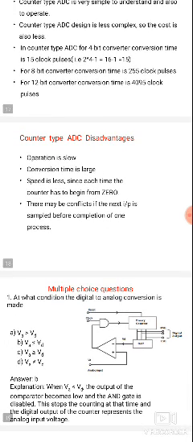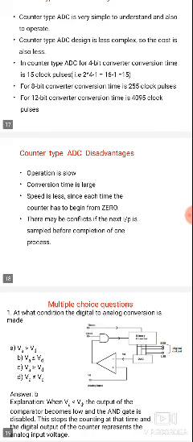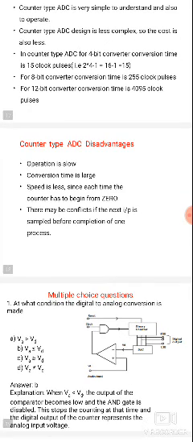Counter type ADC designs are less complex, so the cost is less. It requires minimum components, so the design complexity is less, it requires fewer blocks, and the cost of the circuit is also less.